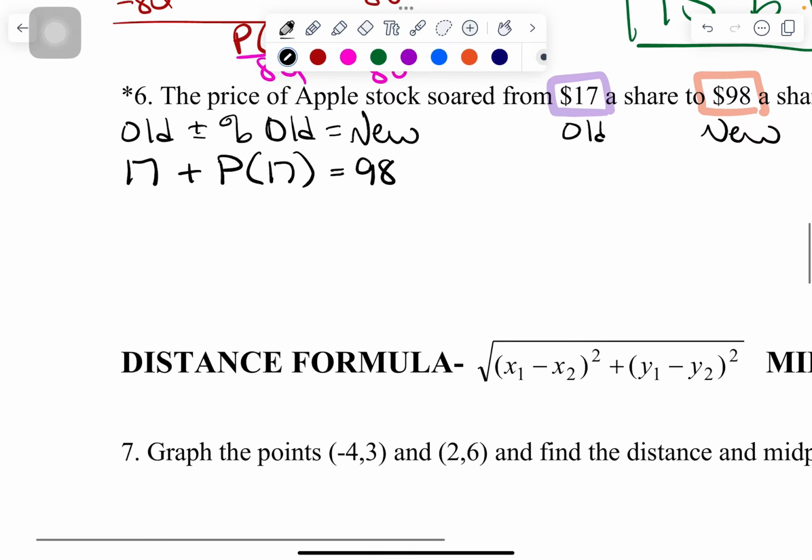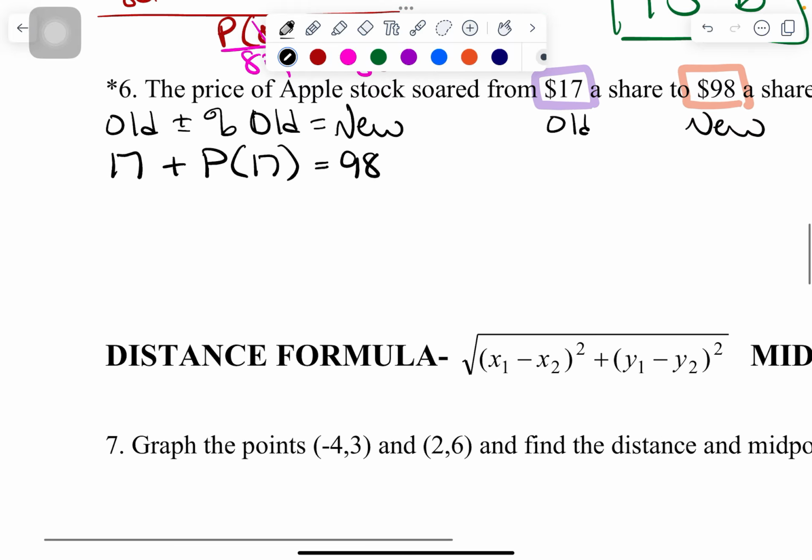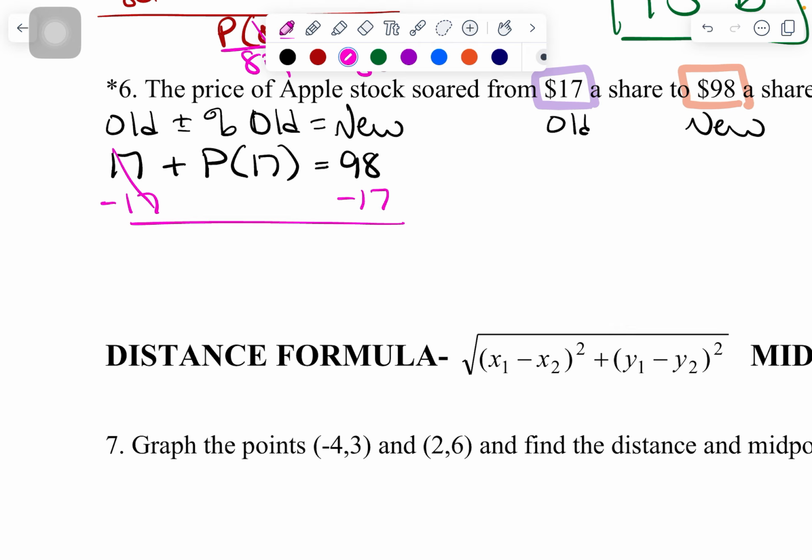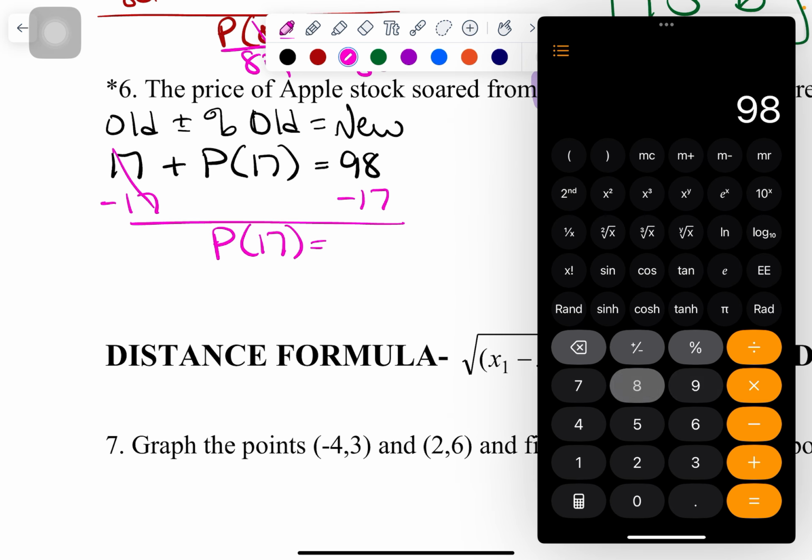Yep, I set that one up right. I'm making sure I did my math right. All right, so we've got to solve this thing for P. I'm going to subtract 17 from both sides. So P times 17 is equal to 98 minus 17, I think is 81. It is. And then I'm going to go ahead and divide both sides by 17.